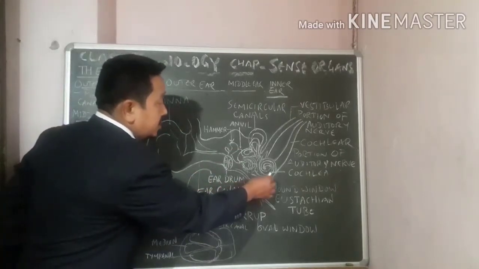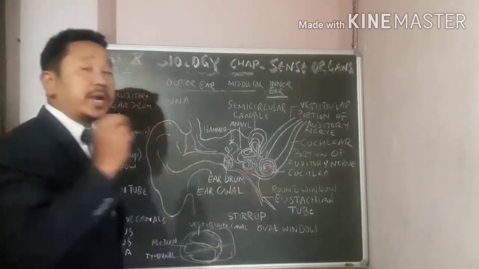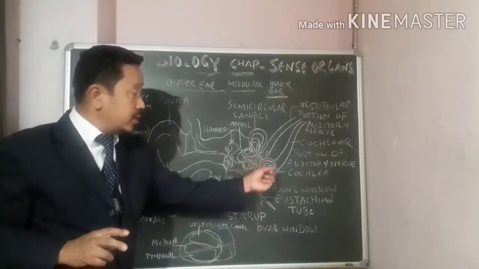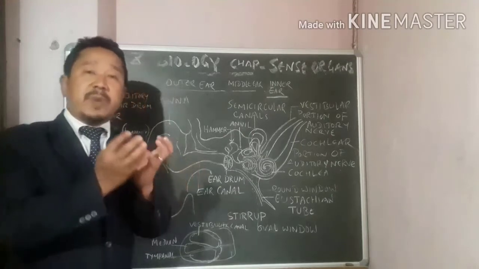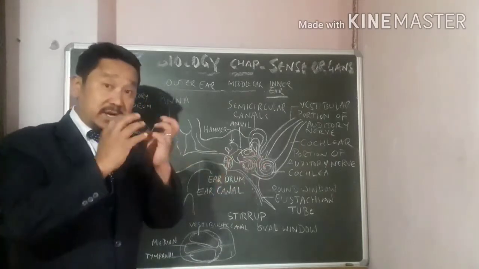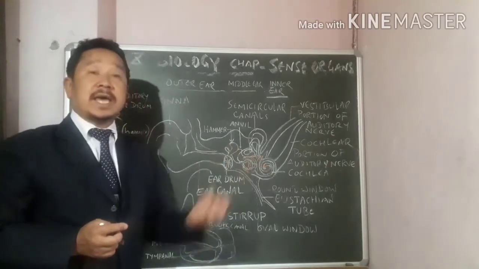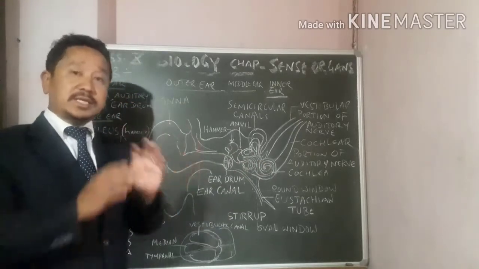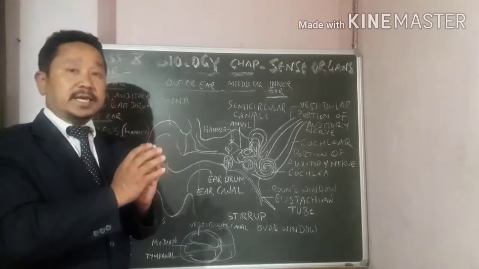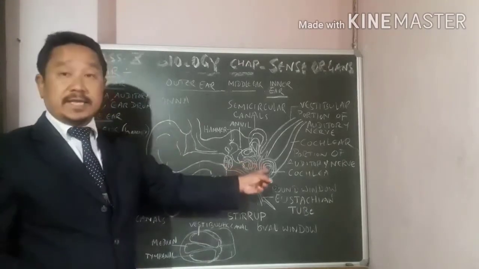You see, 1, 2.5 turns you find out here in the canals. So they are spiral shaped, something like a snail's shell. S-H-E-L-L, shell. So it looks like that.